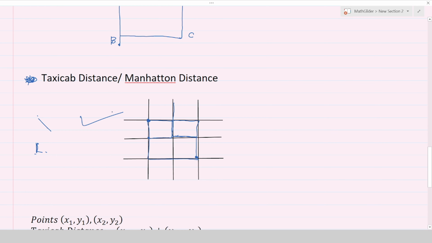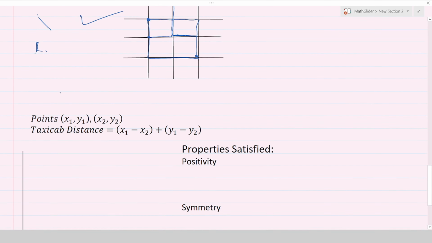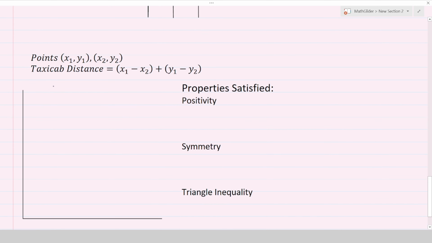So this is your taxicab distance. Let us see how it is calculated formally. If you take 2 points x1, y1 and x2, y2, the taxicab distance between them is |x1 minus x2| plus |y1 minus y2|. So this is the formula to calculate.